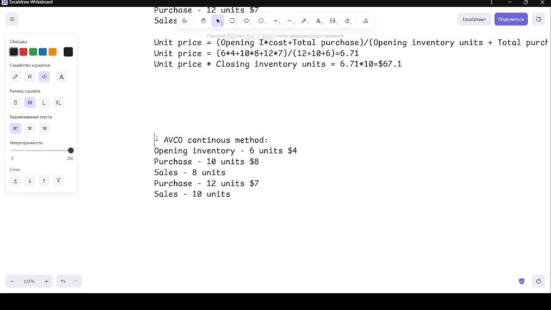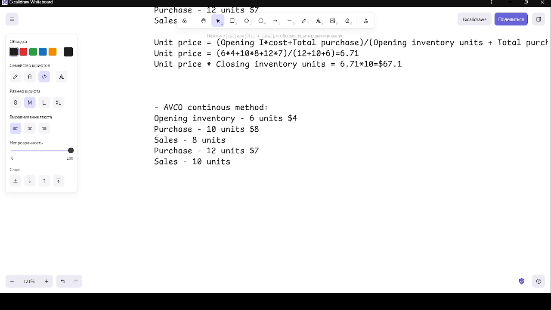And we had another method, the AVCO continuous method. This is a bit difficult to calculate. First of all, we had opening inventory of six units and a purchase of $8, 10 units. After all purchases, we are required to find our average cost.